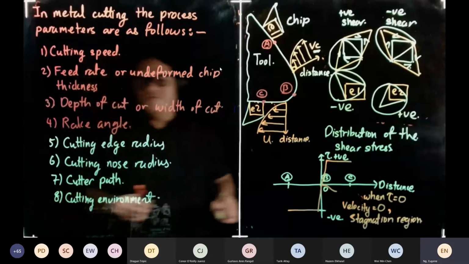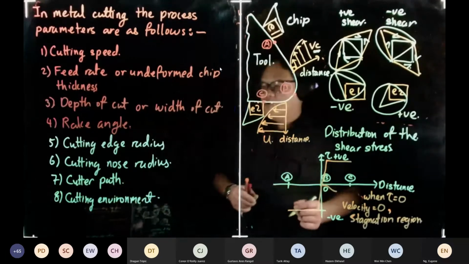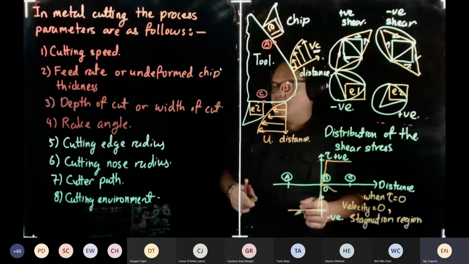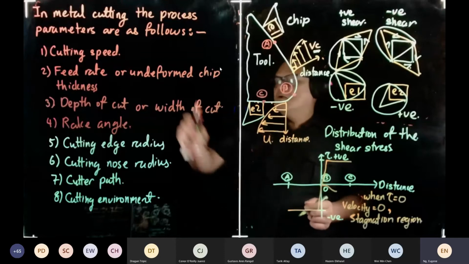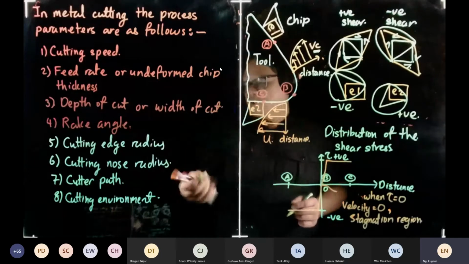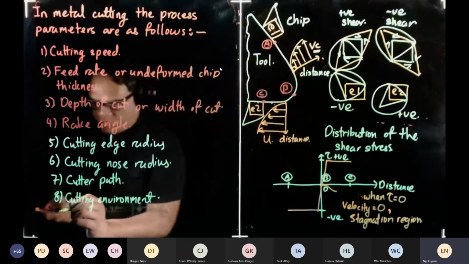If you look at the number of parameters, you have about 8. So sometimes we also have approach angle.